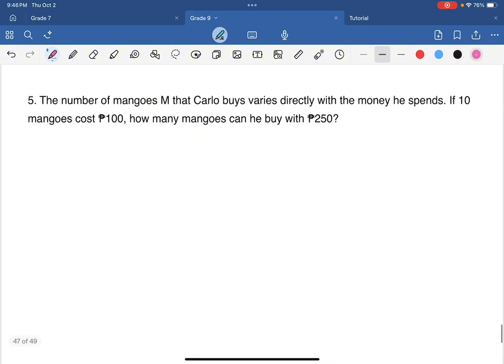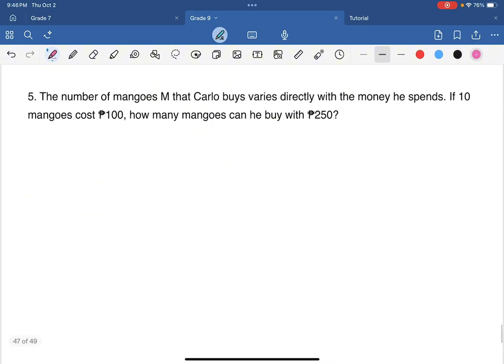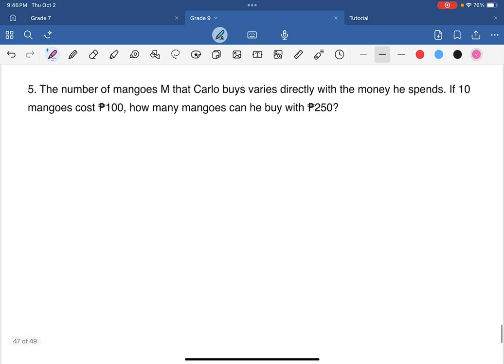Problem number 5. The number of mangoes, M, that Carlo buys varies directly with the money he spends. If 10 mangoes cost 100 pesos, how many mangoes can he buy with 250 pesos? Now here it is easy for us to know the variables we're going to use.